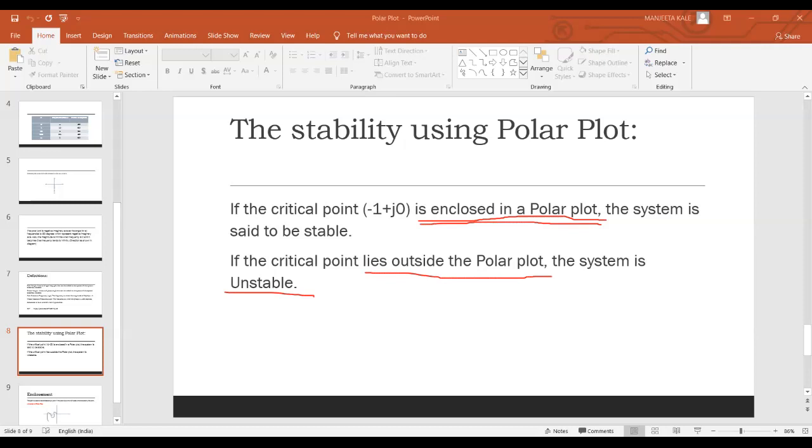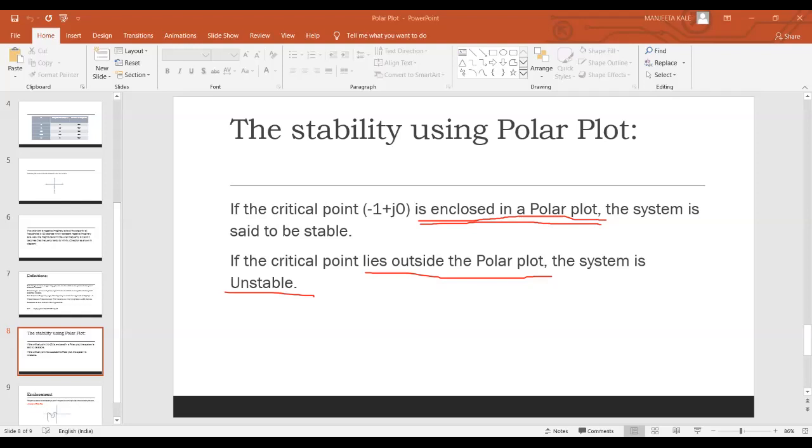Suppose you have a polar plot which encloses minus 1 plus j0, that means minus 1 plus j0 lies inside the polar plot. That means you still have a margin from the critical point to cross the polar plot, right? So when gain margin and phase margin both are positive, the system is stable, as we have already studied in Bode plot.